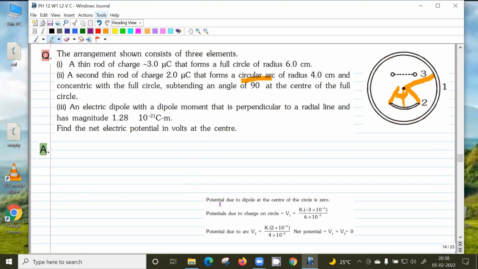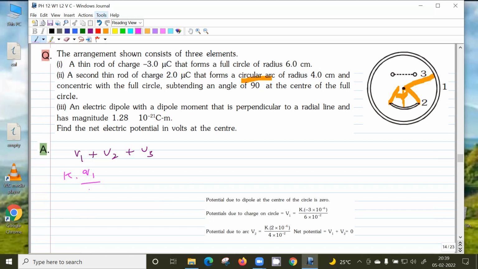Can you get the answer? We can do it by the superposition principle. So the potential at the center is V1 plus V2 plus V3, where V1 is due to element 1. Let's do the simple one. This is K into Q1 by the distance.